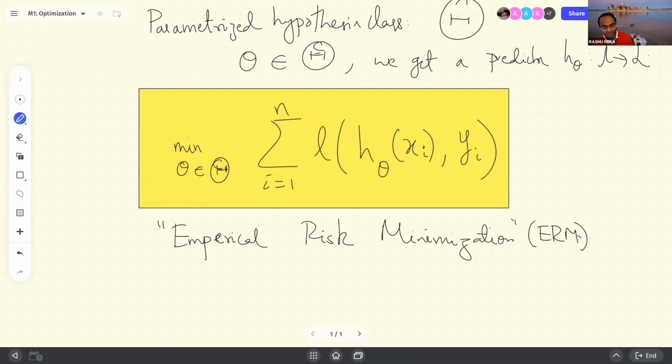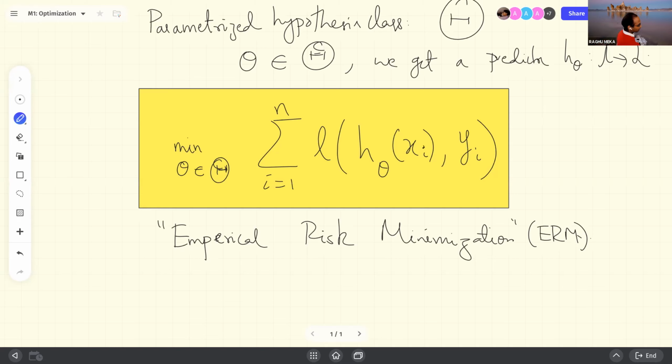Okay. So in the next lecture, we'll start out with talking about this empirical risk minimization. We'll look at some simple cases for loss function and some simple assumptions, simple types of parameter spaces that we can look at and play with, see what this function looks like, and then try and optimize it.